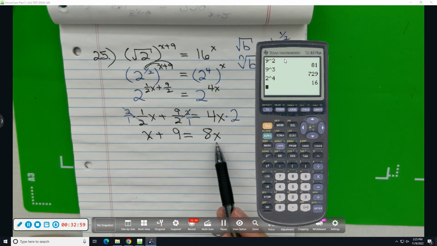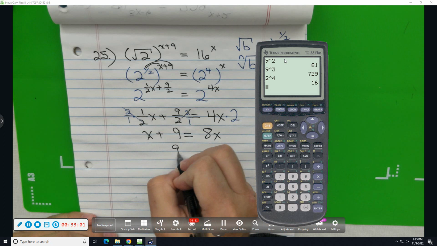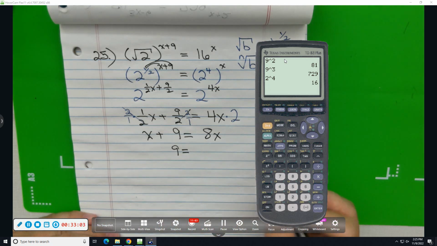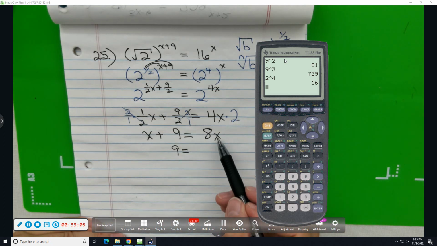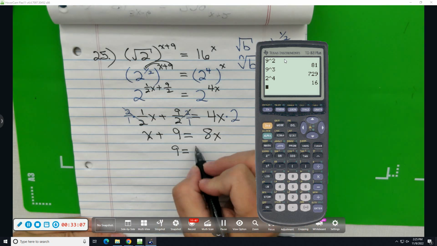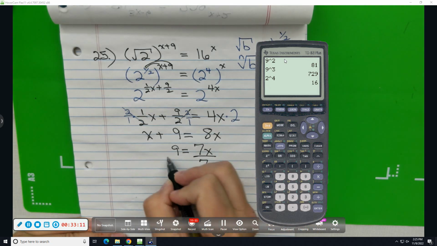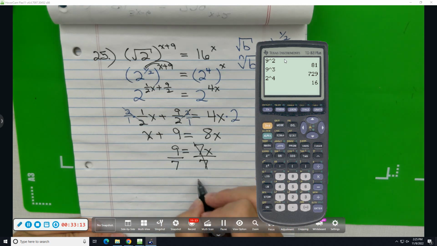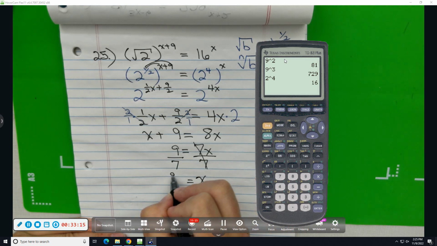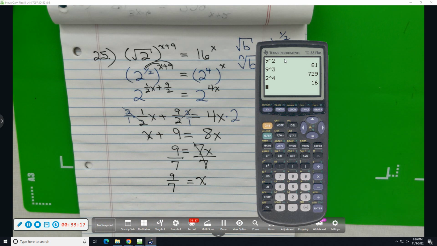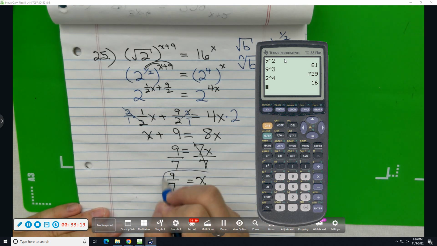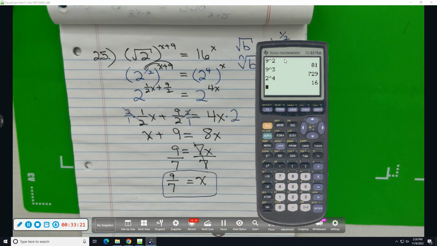I move that x over to give me 9 equals, I agree, 7x, 8x minus 1x gives me a 7x. And then I divide by 7 to give me x equals 9 over 7, for my final answer.